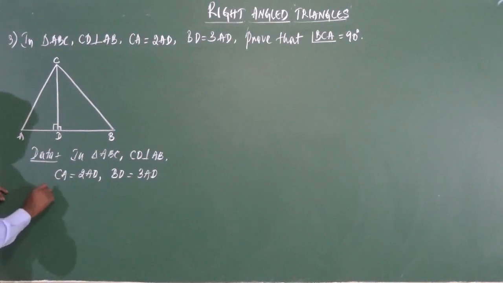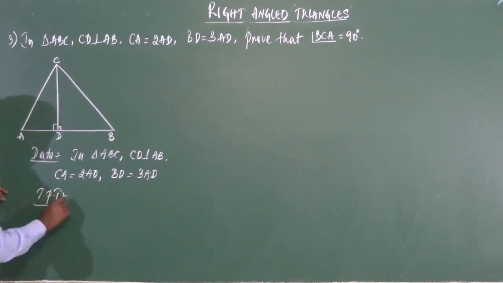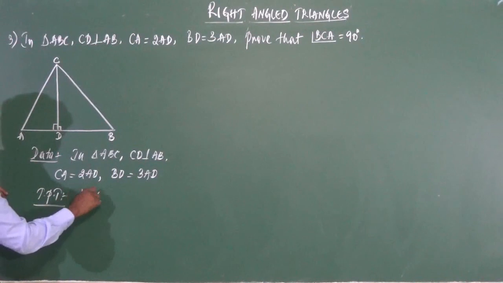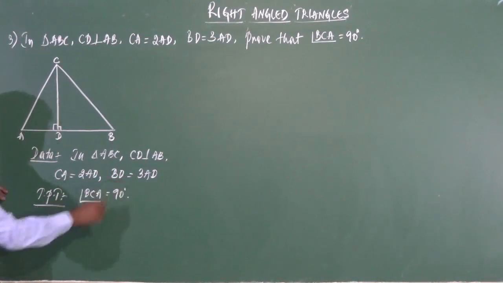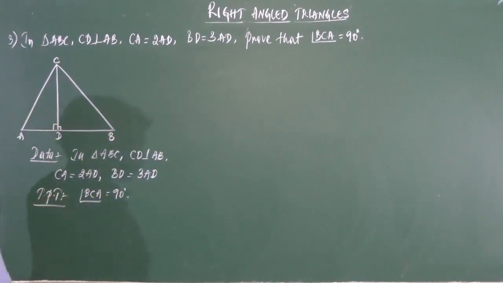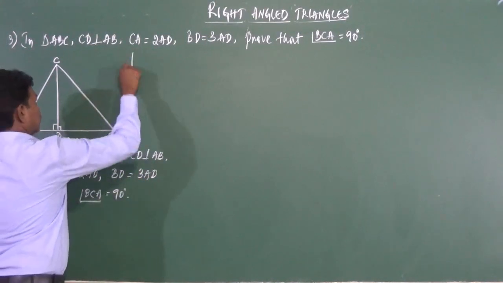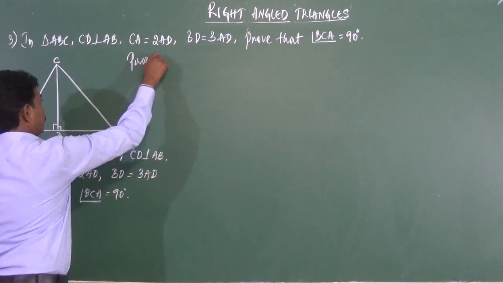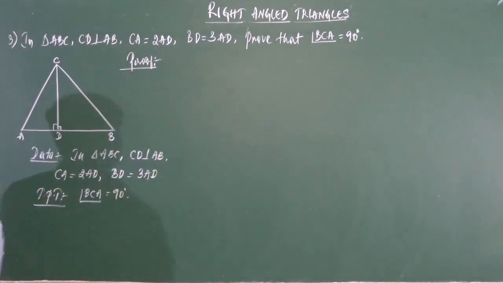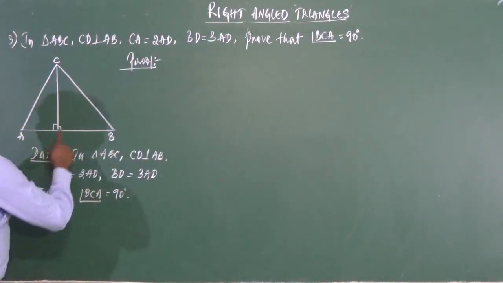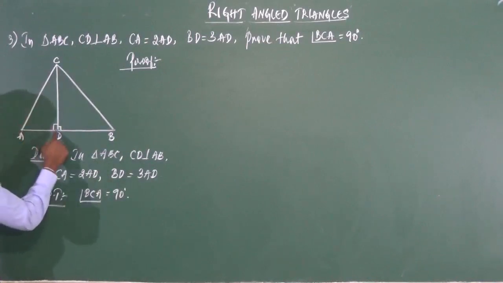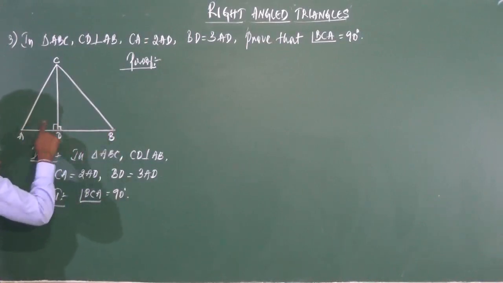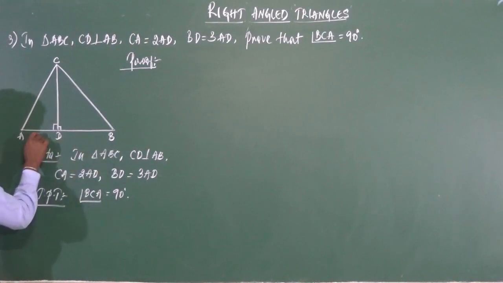We have to prove that angle BCA is equal to 90 degrees. No need for any construction, data is sufficient here. So let us get into the proof. Very important.